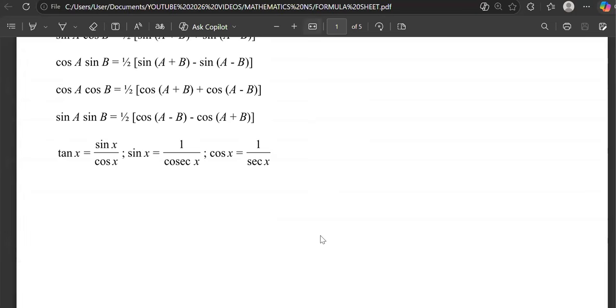If you understand that cos is 1 over sec, and 1 over cos is a sec. Sorry, the opposite.